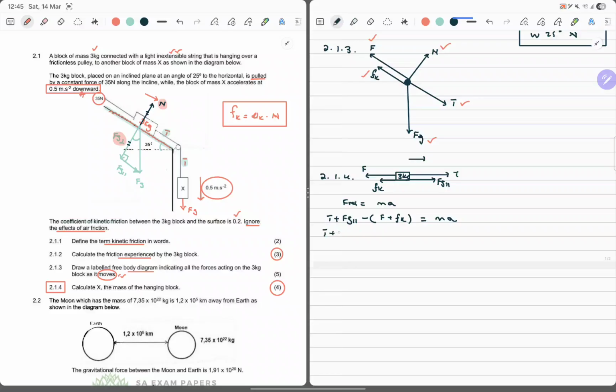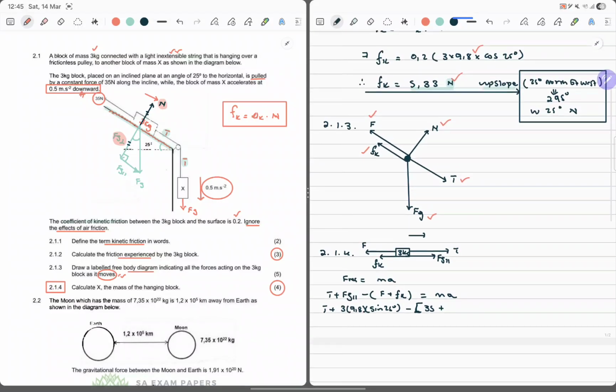Now the tension we don't know, plus Fg parallel is going to be 3 into 9,8 into sine 25 degrees. And then we subtract that force, which was 35 newtons, plus the frictional force, which is going to be what we have above.